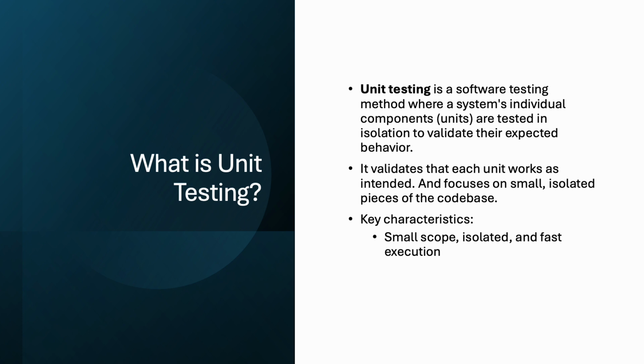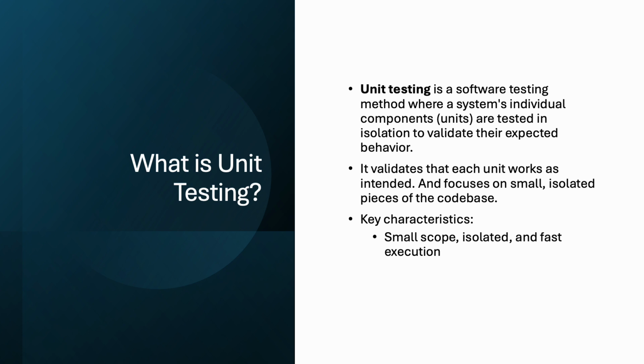The primary goal is to catch errors early by testing individual pieces of functionality in isolation. This means testing a single function, method, or class without relying on the rest of the system.